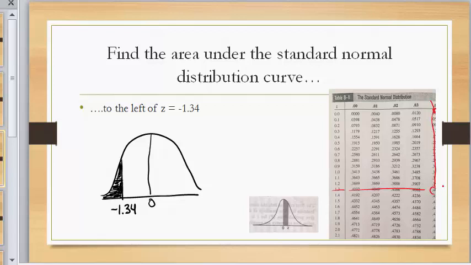And remember, when you use the table to look something up, you are getting the area from 0 to the number that you looked up. So from here to here is going to be that 4099 number.